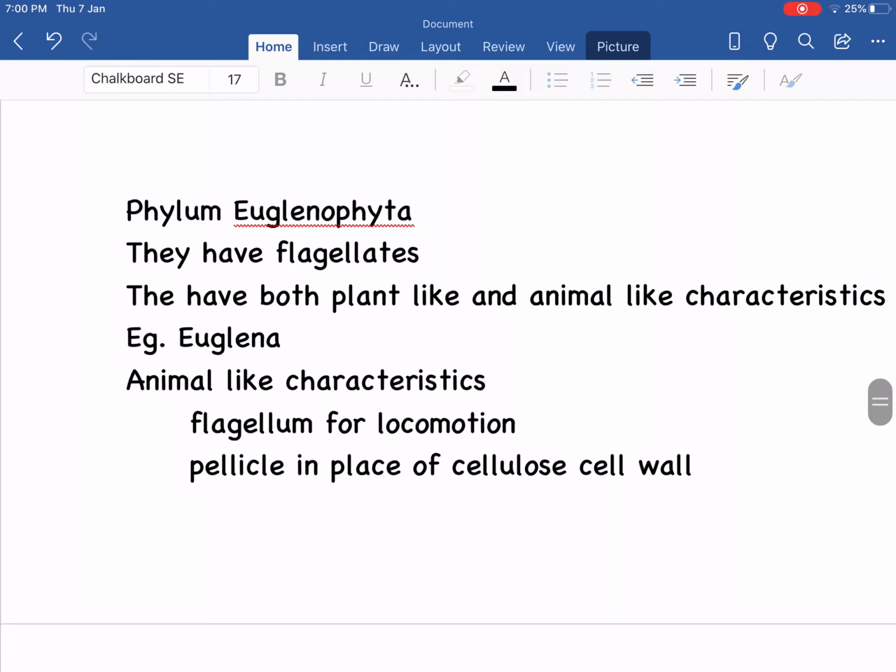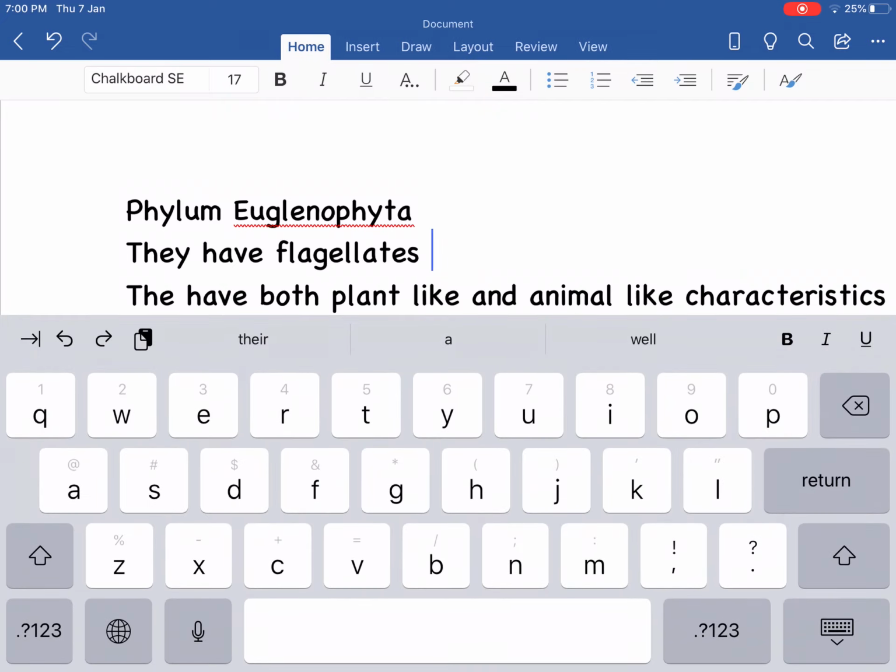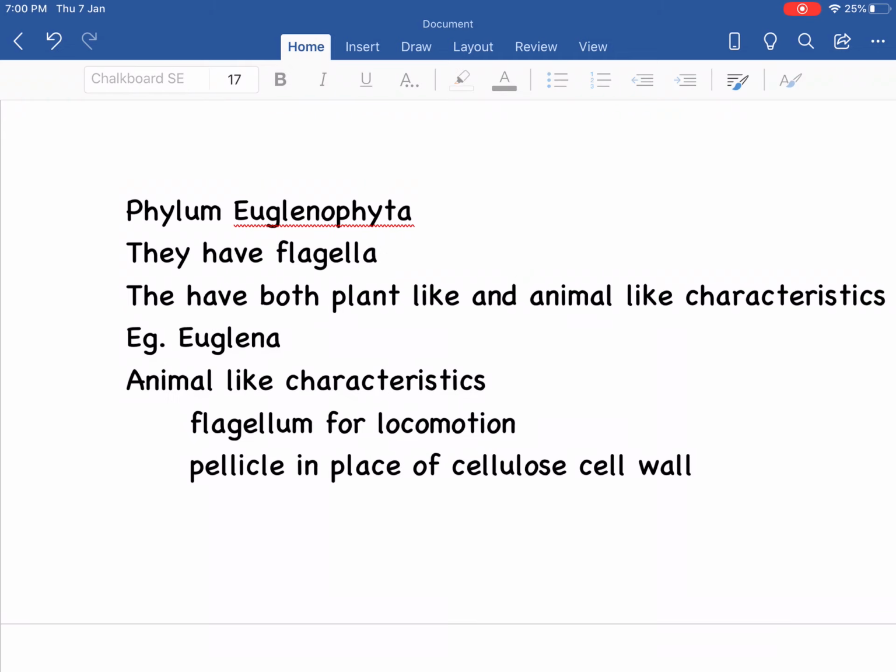Phylum Euglenophyta, they also have flagella, singular flagellum. And they have both plant-like and animal-like characteristics. An example is the Euglena. An animal-like characteristic of the Euglena is that it has a flagellum for locomotion.